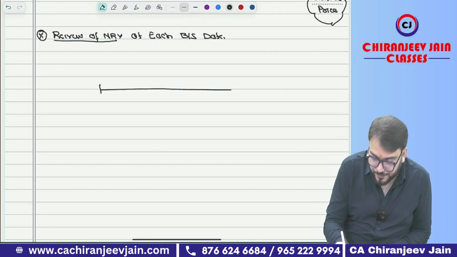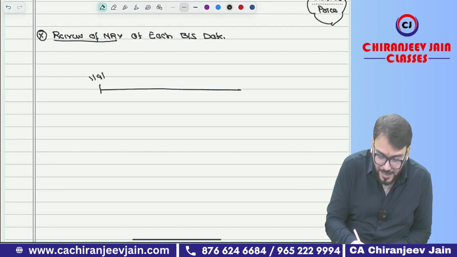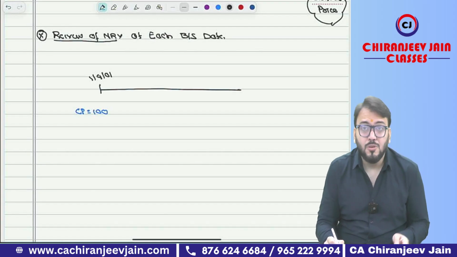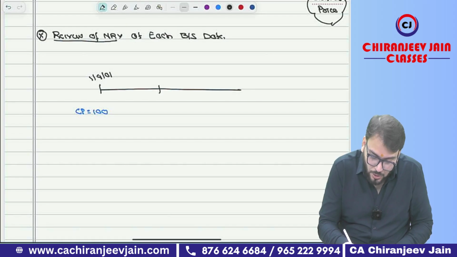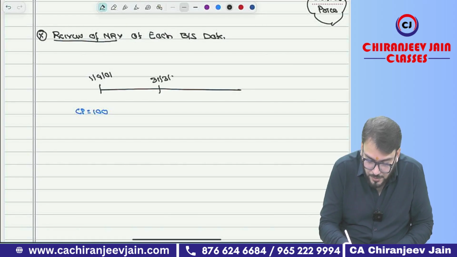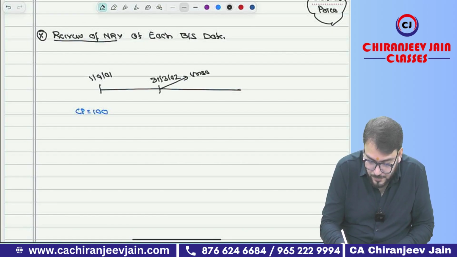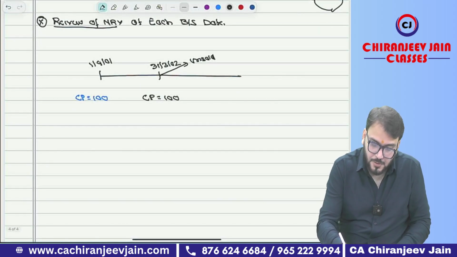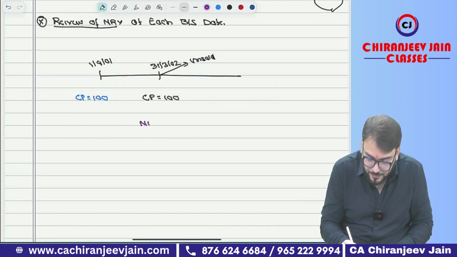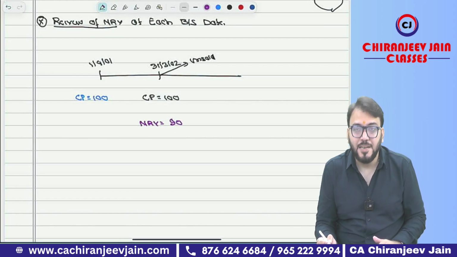Suppose you purchase one inventory on 1/4/2001 and the cost price is 100. You will do measurement, evaluation on each reporting date. So on 31st March 2002, the inventory remained unsold and the cost price remained 100. But let's say NRV becomes 90.